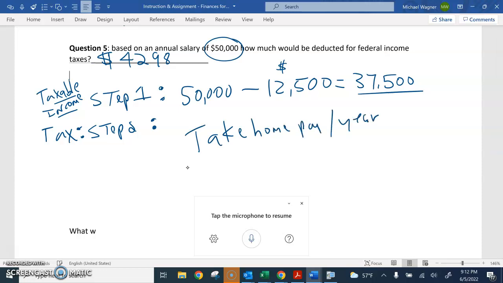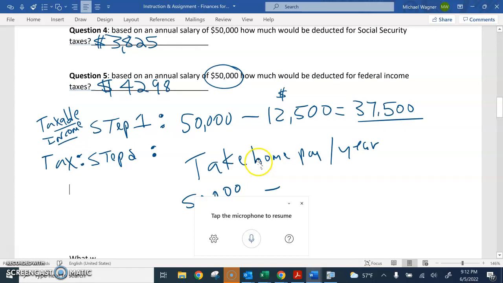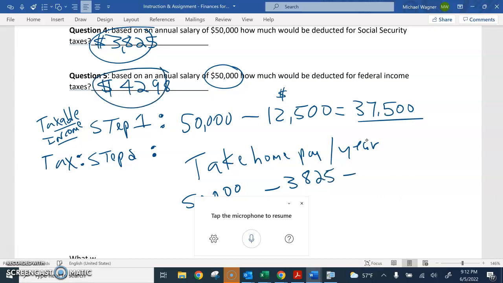Well, all you would do is take your 50,000, your beginning salary, and subtract first the amount over here for Social Security, so 3825. Then you'd also subtract the federal income tax of 4298. And what would that be?